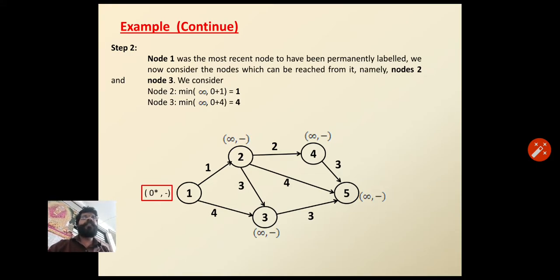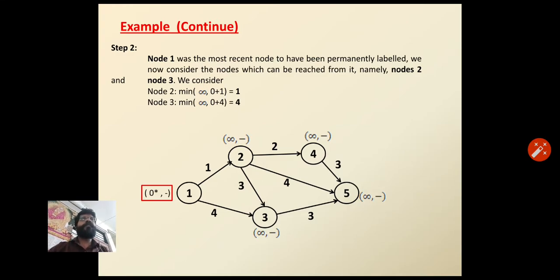So we calculate each node's minimum distance. First, we calculate node 2's minimum distance. Node 2's old value is infinite and the new value is 1. So the minimum between infinite and 1 is 1.